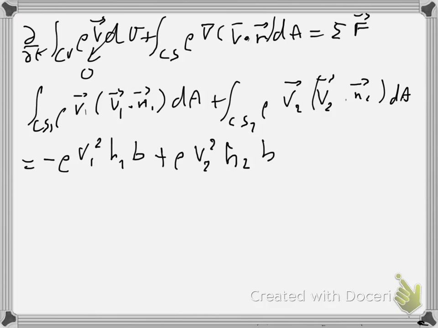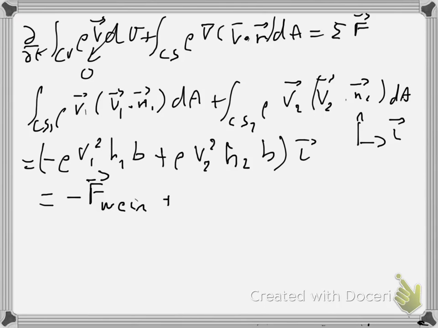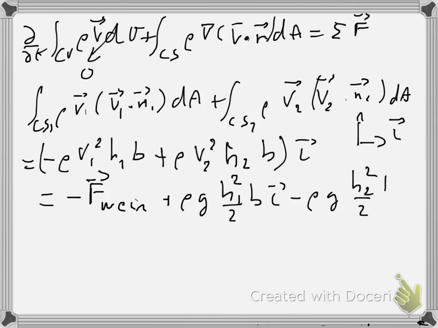That is equal to minus the force on the weir, forgot the vector i, minus F weir, plus rho g H1 squared over 2 B i minus rho g H2 squared over 2 B i.